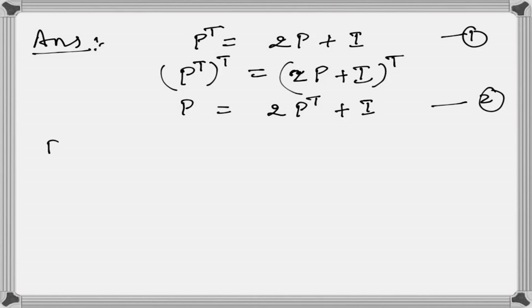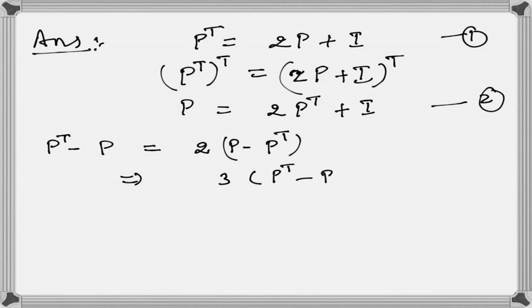So now what is P transpose minus P? This is equal to 2 times P minus P transpose. Alright, so this implies that 3 times (P transpose minus P) is equal to 0, and this 0 is the 0 matrix, the matrix which has all entries 0.